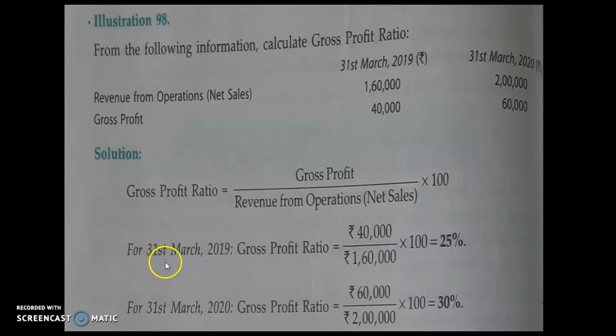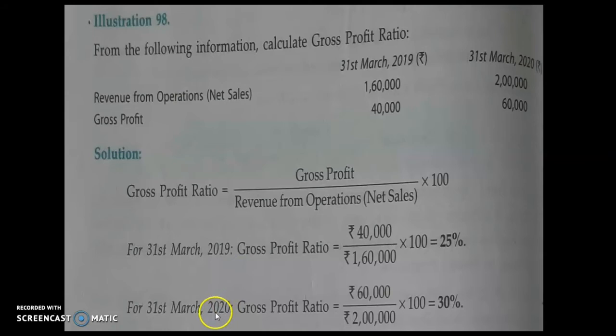For 31st March 2019, gross profit of that year is given as 40,000 and revenue from operation is 1,60,000. Because gross profit ratio is expressed in percentage, you have to multiply by 100. After dividing and multiplying, you will get 25% as your gross profit ratio for the year 31st March 2019.